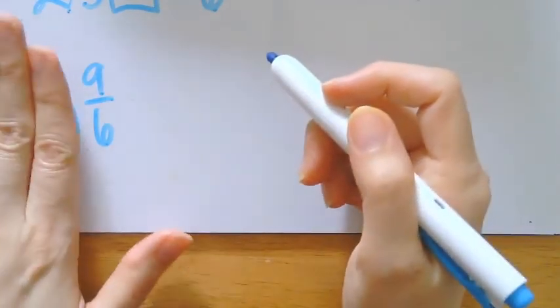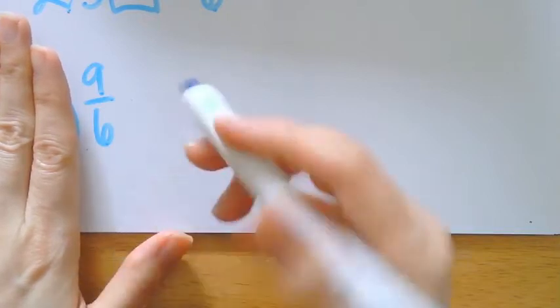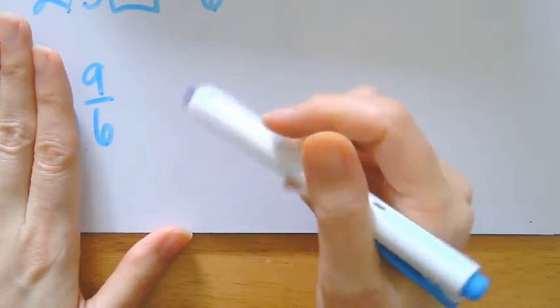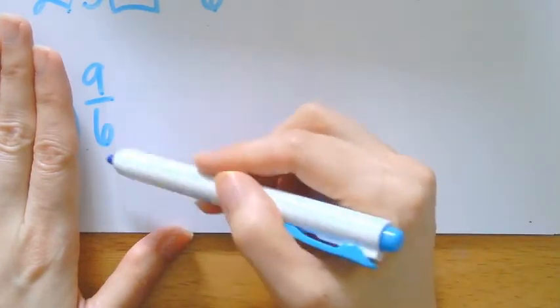So again, just looking at my fraction for right now, 9/6, changing this improper fraction to a mixed number, what does that look like? A division problem.